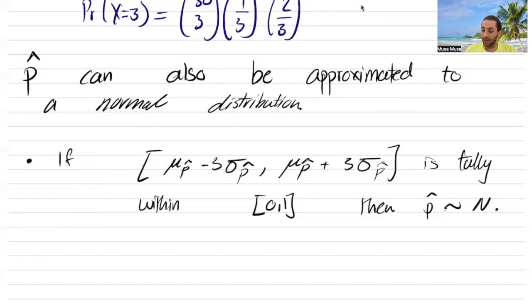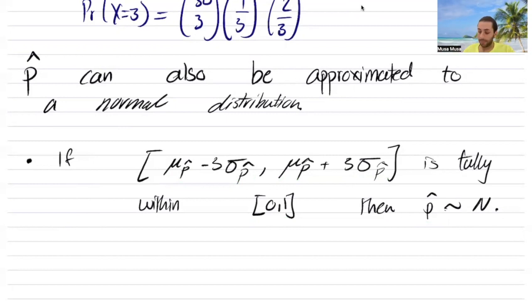It's if the mean minus 3 standard deviations, the interval from this to this, is fully within 0 to 1, then it's approximately normal, then you can use it. It's not really written in your textbook, so it's up to you. But that's the rule.